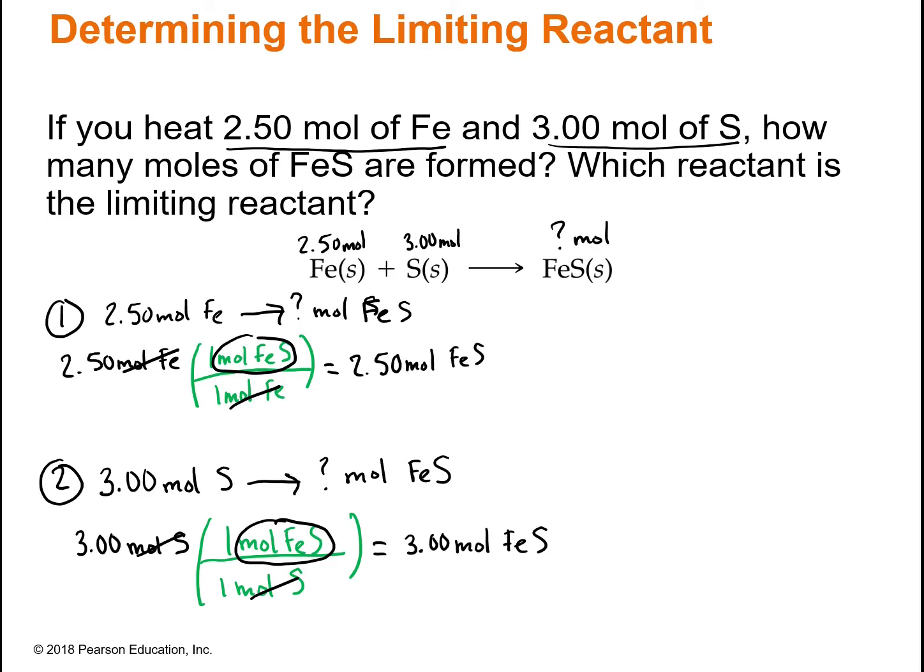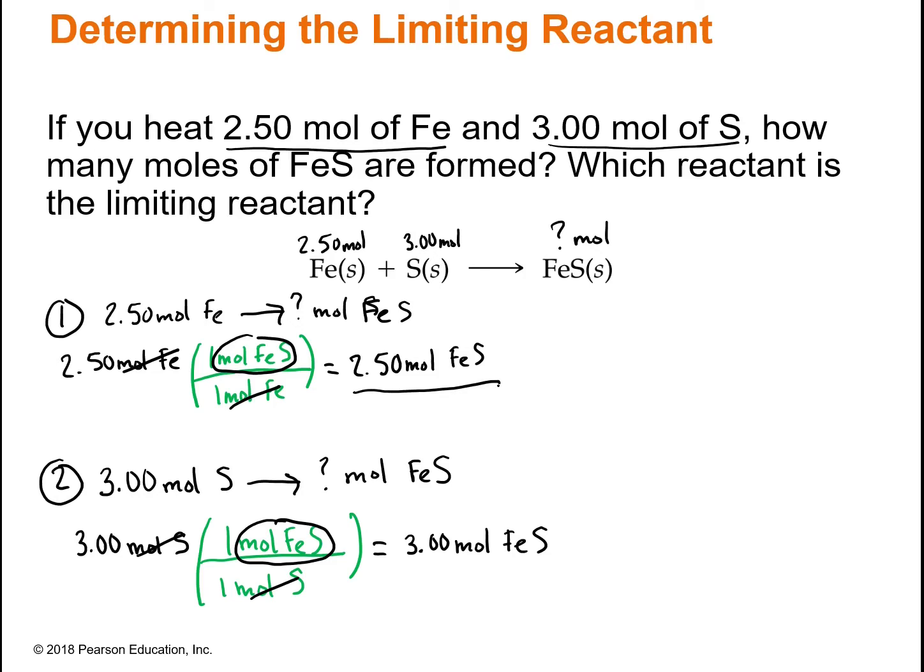is combining 2.5 moles of iron and 3 moles of sulfur. So whichever one makes the least amount of product is the limiting reactant, and that tells us how much product we're actually going to make. 2.5 moles of iron 2 sulfide is less than 3 moles.